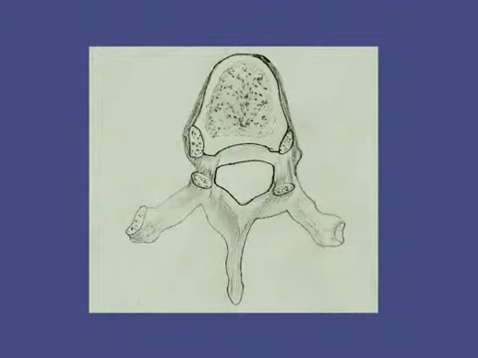That is the reason for the typical kyphotic curvature in the thoracic region. And from the transverse process, you can see there is a costotubercular facet, which is the facet for the ribs.